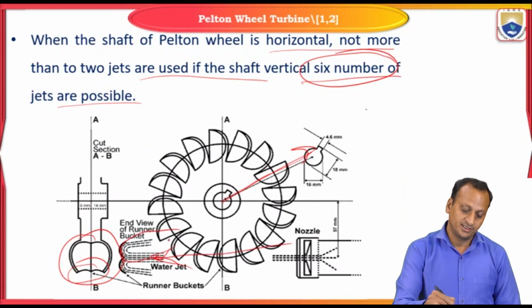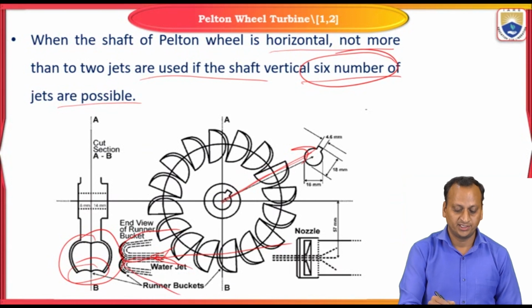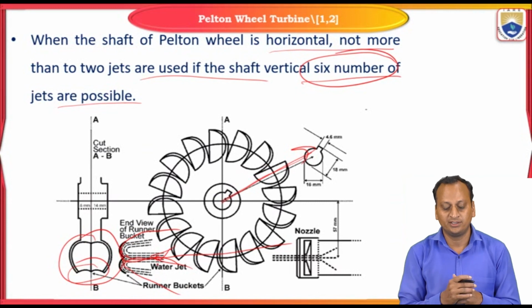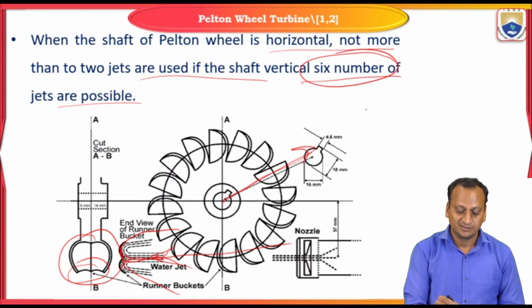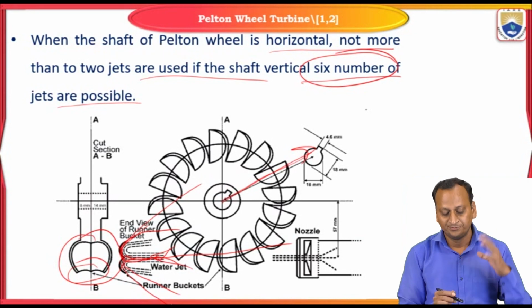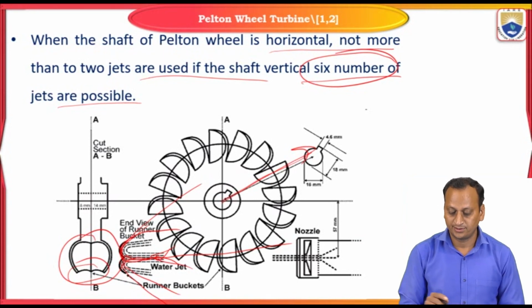In this diagram, it can be seen. After striking, after making two halves, it becomes axially neutralized. So axial thrust becomes neutralized, and this half can be left like this, and the remaining half will come like this, flash against the casing, and it will be guided into the tail race.